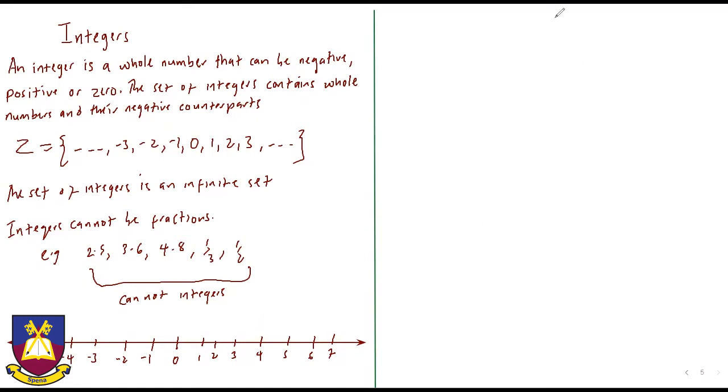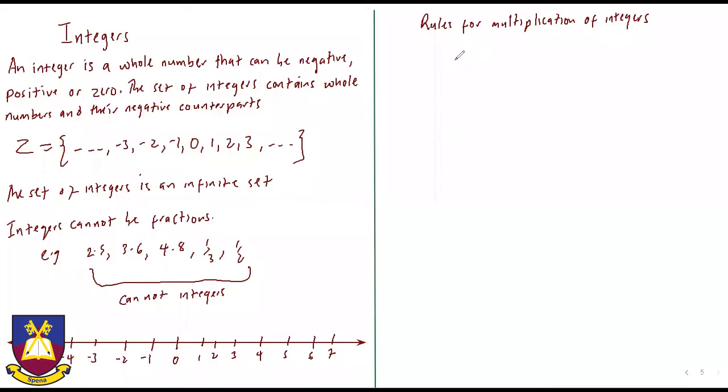Let's look at how to multiply integers, rules for multiplying integers. Now I'll demonstrate them like this. If a and b are integers, then if I have a times b, the answer will be ab. In other words, when we're multiplying two positive integers, the result is a positive.